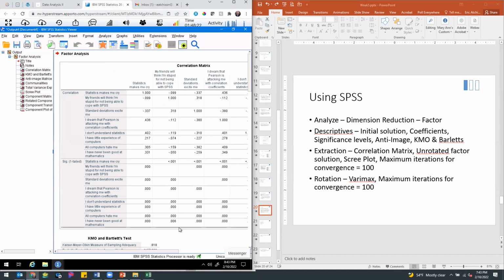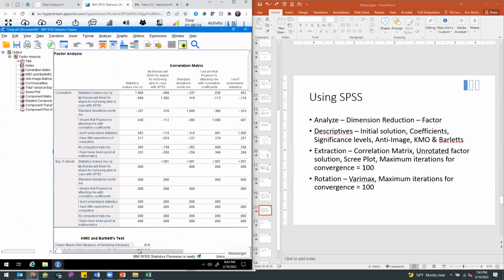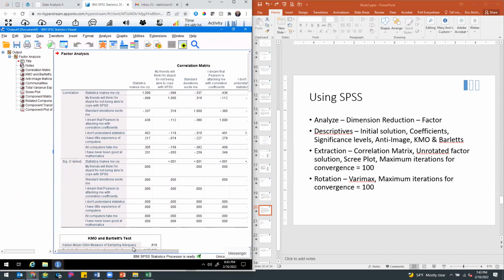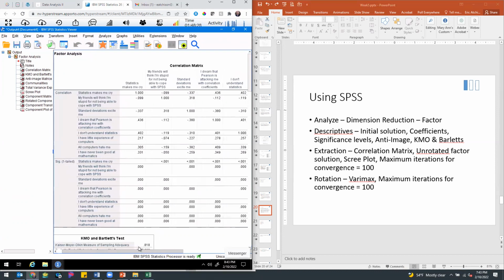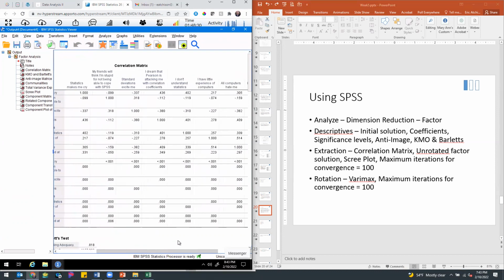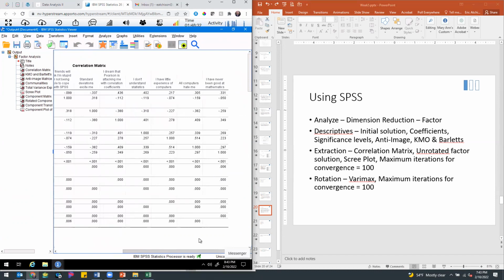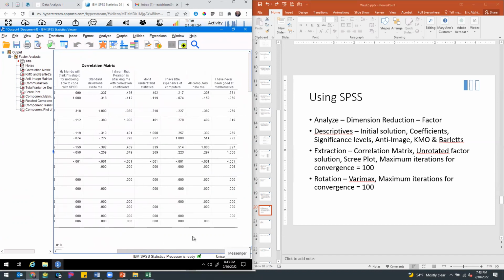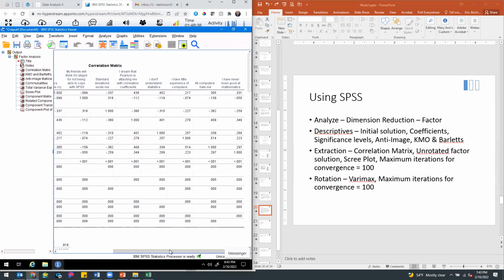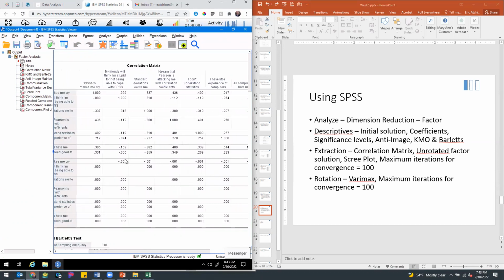So the first thing we see is a correlation matrix, right? And that's good. We need to see the correlation matrix because we need to know if our items are correlated with each other. And we want them to be correlated with each other because we want them to factor together to some degree. But we also recognize that some are not, right? Positive correlation, negative correlation, all the way down.